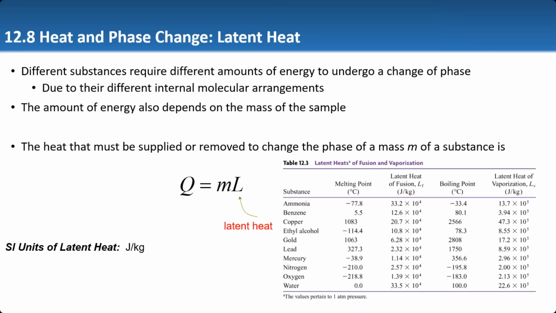I have here some examples of the values of the latent heat. I want you to notice how the latent heat has bigger orders of magnitude. Look at the latent heat values, 10.8 times 10 power 4, 2 times 10 power 4, 1 times 10 power 4, whereas C was always in the order of 100s. For example, for aluminum, it was 900.